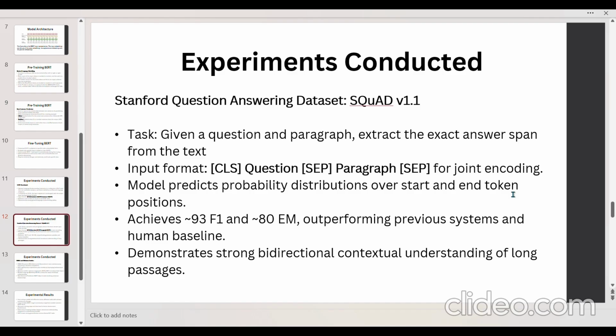The model predicted the probability distributions over the start and end token positions and predicted the answer in this way. The SQuAD experiment achieved a 93 F1 score and about an 80 EM score. This greatly outperformed the previous systems and the human baseline.